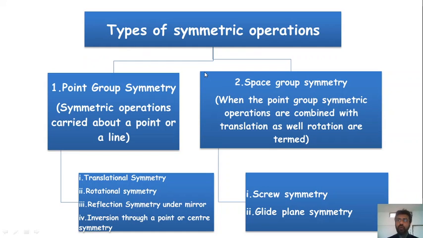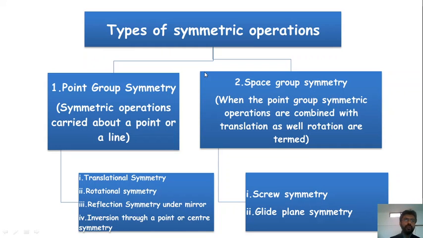But when the point group symmetric operations are combined with translation as well as rotations, such symmetries are known as space group symmetry.